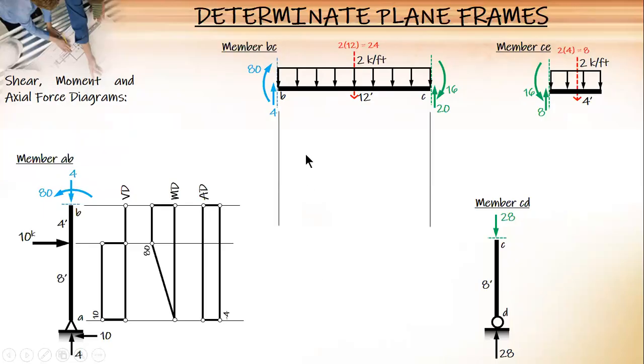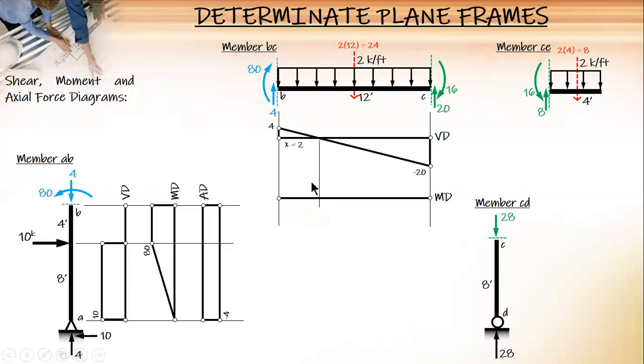And then BC, 4 upward, and then 2 times 12, 24, negative 20, and then naa tay 20 na shear, and then X, 4 divided by 2, so 2 na siya. And then moment diagram, naa tay 80, and then area, 1 half of 2 times 4 is 4, plus 80, you have 84.